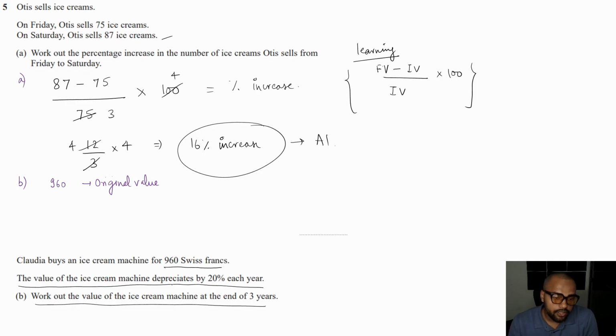Now every year it gets depreciated by 20%. So it means 960 minus 20% of 960 will be the amount after the first year.